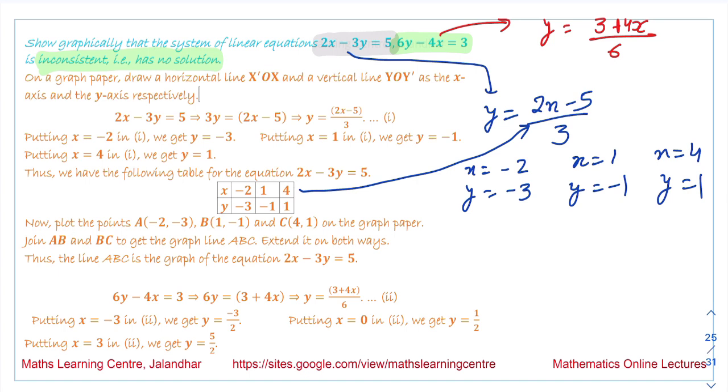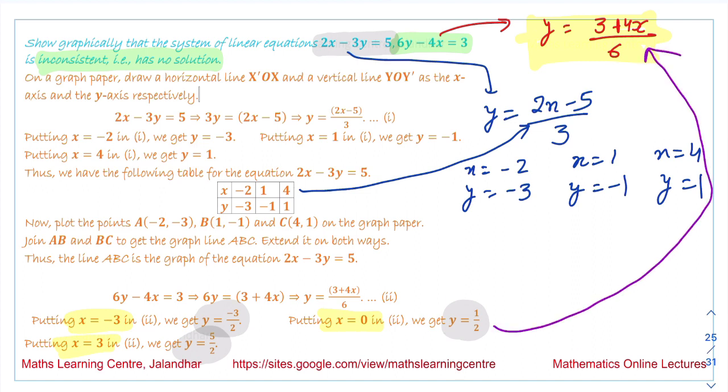Next, in this equation we have substituted different values of x: x is equal to minus 3, x is equal to 0 and x is equal to 3. And we have obtained the value of y is minus 3 by 2, y is 1 by 2 and y is 5 by 2. These are the values of y that we have obtained corresponding to this equation.